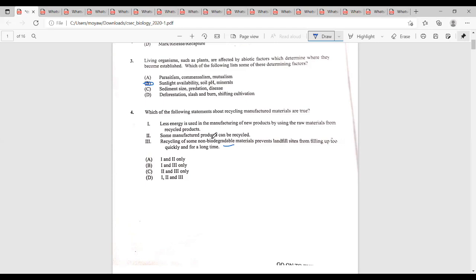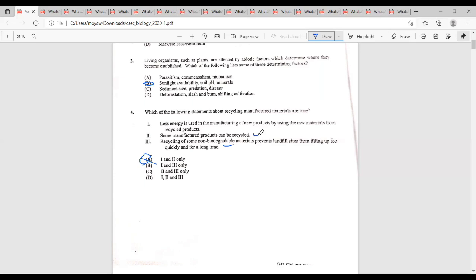Recycling of some non-biodegradable materials, and non-biodegradable here means that these materials cannot be broken down, prevents landfill sites from filling up too quickly for a long time. That's true. So 3 is in it, definitely. Now you realize that we would have eliminated A. So A is out of it. And then, some manufactured products can be recycled, which is true.